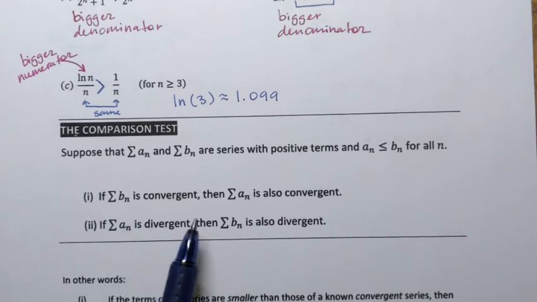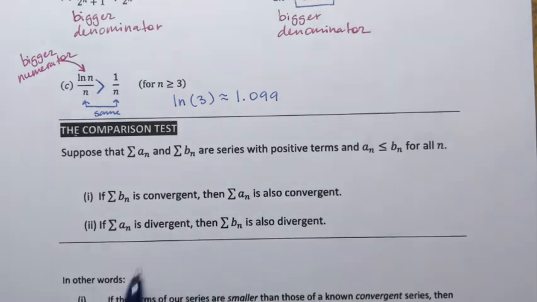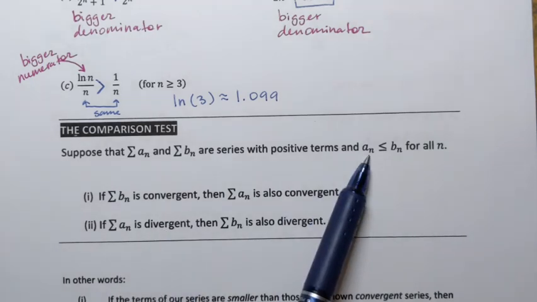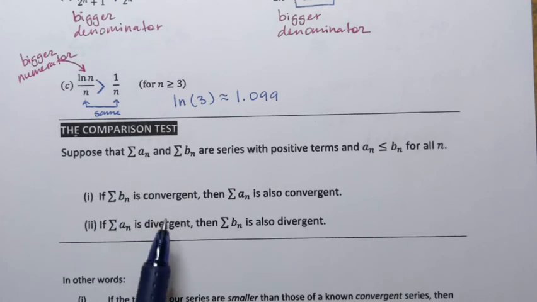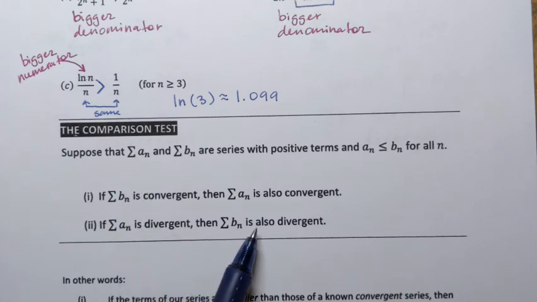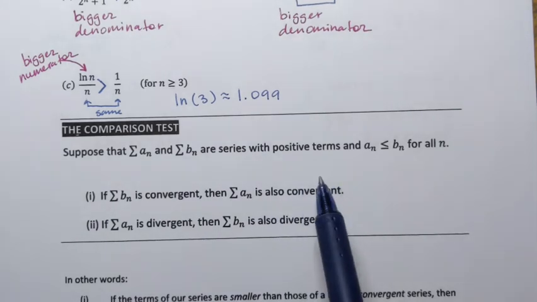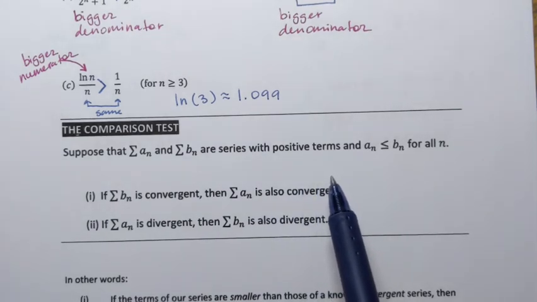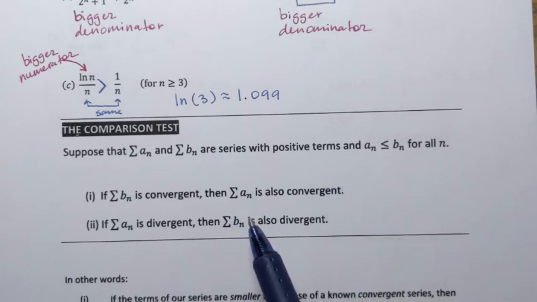Now, if the series with the smaller terms is divergent, so if series a sub n is divergent, that means that the sum is infinity. Then the larger series also has to be divergent. If you add up smaller terms and end up with infinity, then definitely when you add up larger terms, you're also going to get infinity.